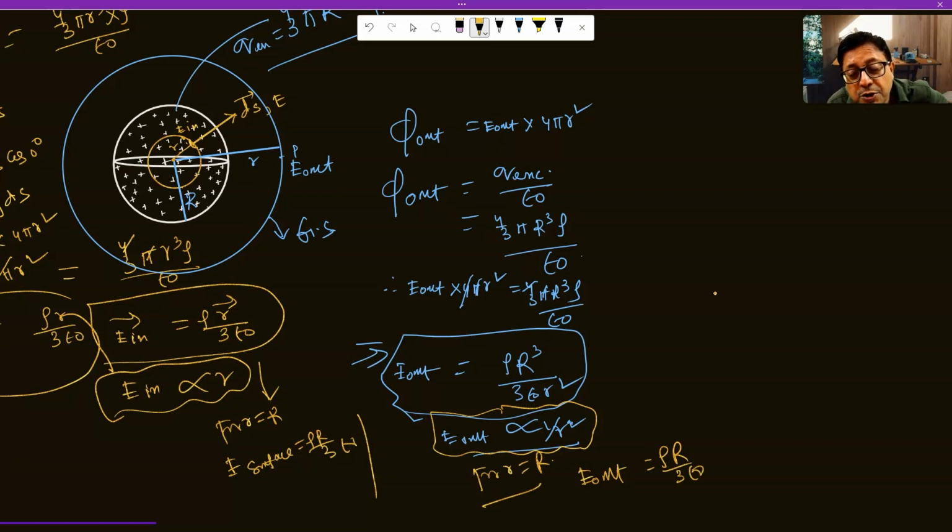Why? Because you put small r equal to big R in rho R cube by 3 epsilon naught r square. These two get cancelled, and it will be rho R by 3 epsilon naught. E out is rho R by 3 epsilon naught, E in is rho R by 3 epsilon naught. So plot the graph now here.